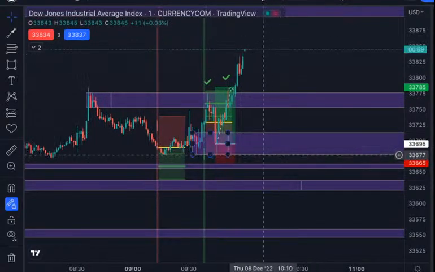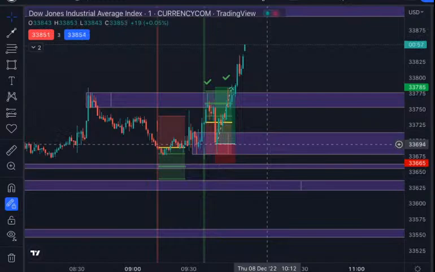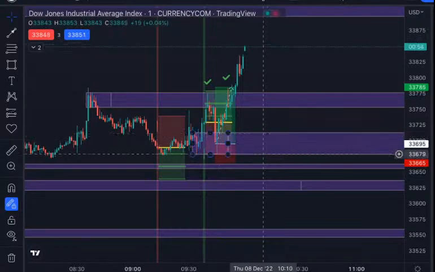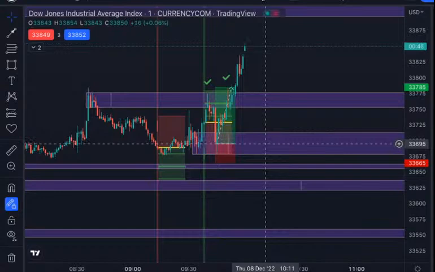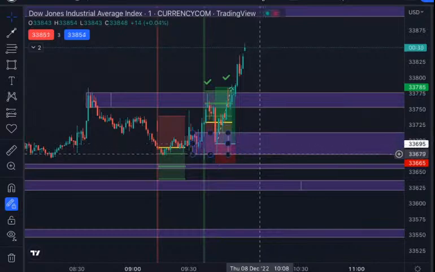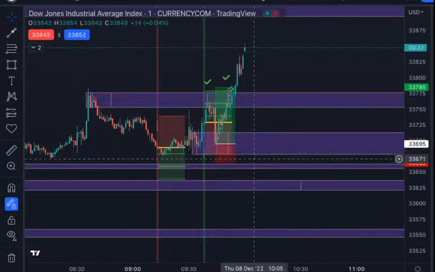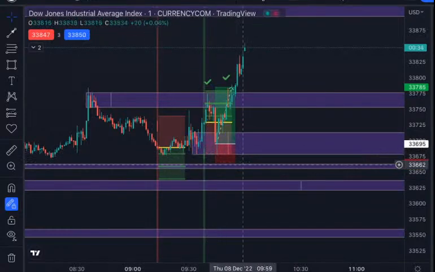I identified this entry point at 50% in between this zone. I basically told myself, if price does pull back, it's going to pull back heavy into this zone to find some support to keep going up, about 50%, possibly taking out these lows to the left and then returning upwards.